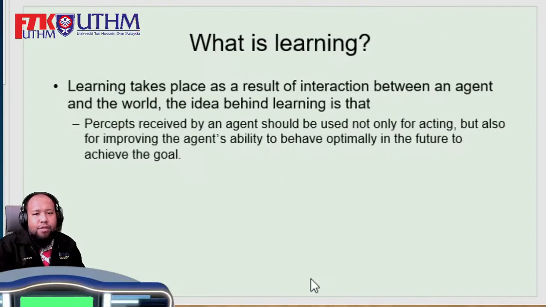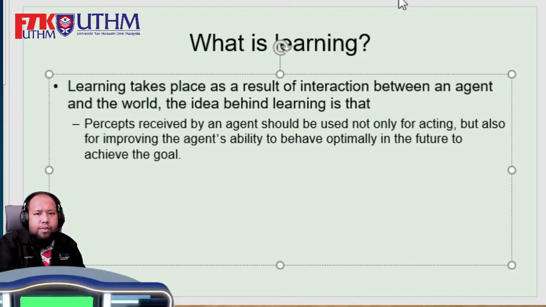Okay, so basically what is learning? So macam kita dah cerita tadi, learning can only take place bila an agent has interaction with the world lah. Kalau intelligent agent tak ada interaction, there's no learning happening in this case.